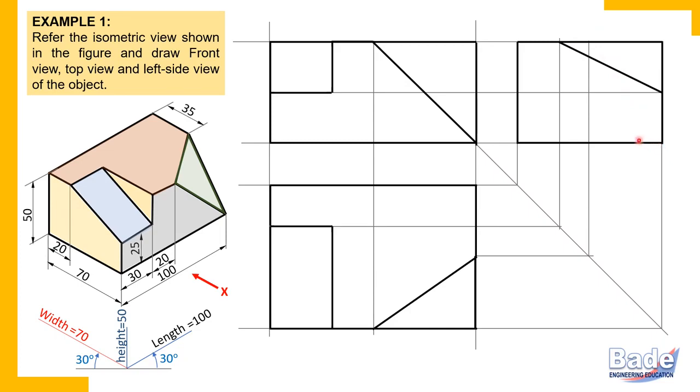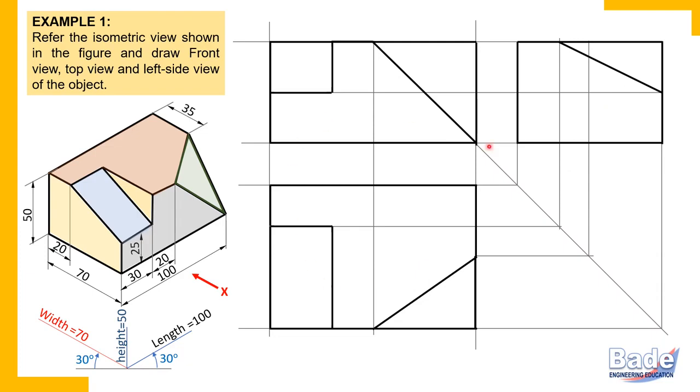So draw hidden line. In the side view it is hidden because observer is watching from left. So left side is visible, right side is hidden. And this edge is on the right side. So it is hidden. You never get hidden edges at boundary. But this line is not at boundary. You will have to check whether it is hidden or visible. And this edge is visible because it is nearest to the observer.